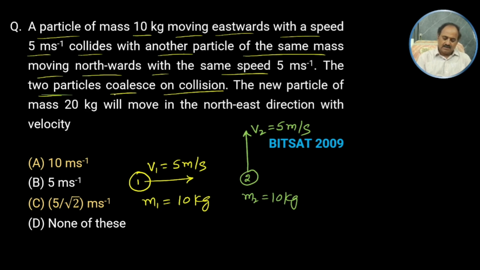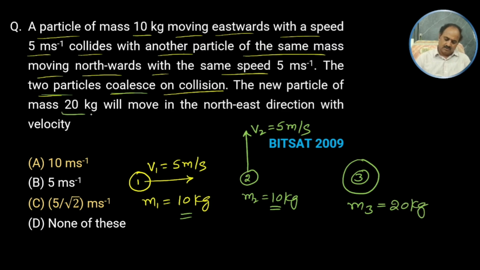Two particles coalesce means joining to become one new particle with m3 equal to the sum of the two masses, 10 plus 10, because mass is a conserved quantity, 20 kilograms.